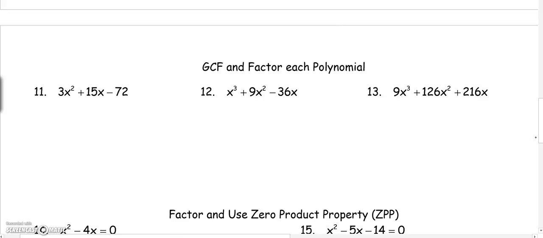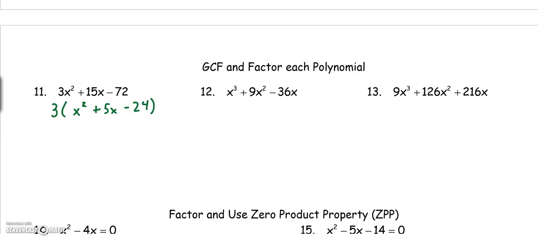Now let's put these two ideas together where we have to factor out a GCF before we can factor the polynomial. We can't do a box problem yet because these do not have leading coefficients of an x squared term with 1. So in number 11, the number that is my GCF is going to be 3. So I'm going to take out a 3 and I'm left with x squared plus 5x minus 24.